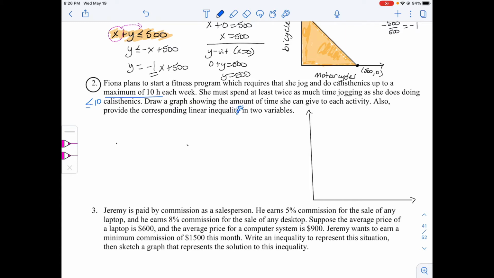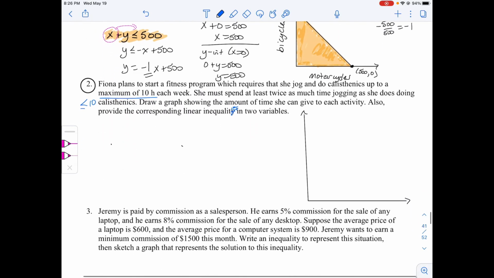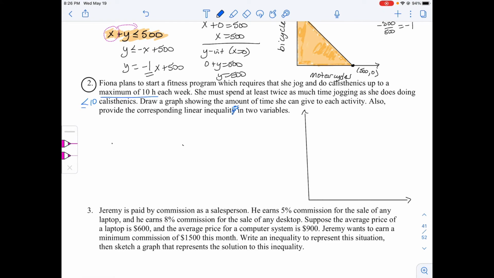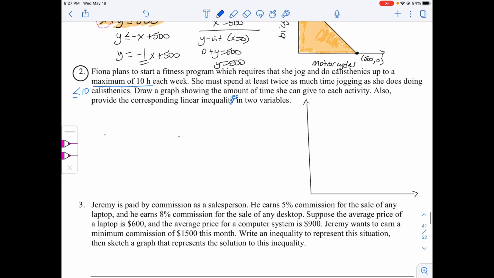The first one is very similar to the bicycles and the motorcycles up above. In the first part of the question, it says she can jog and do calisthenics up to 10 hours per week.